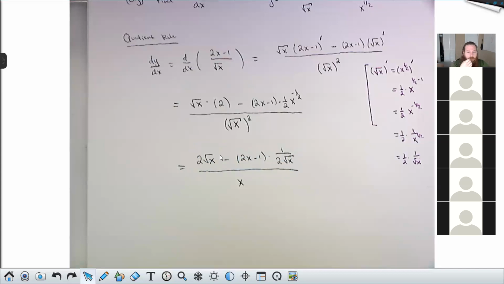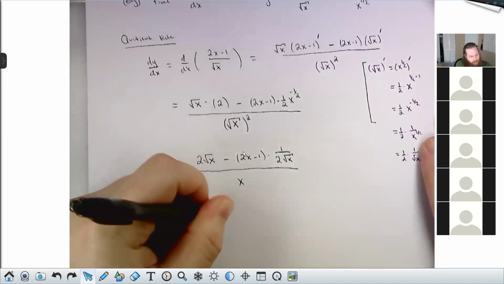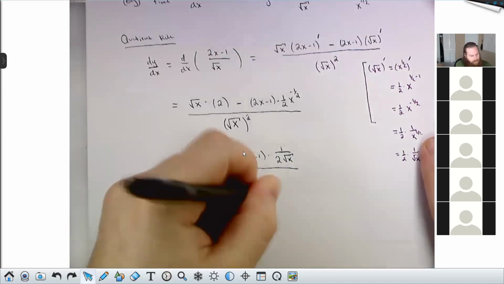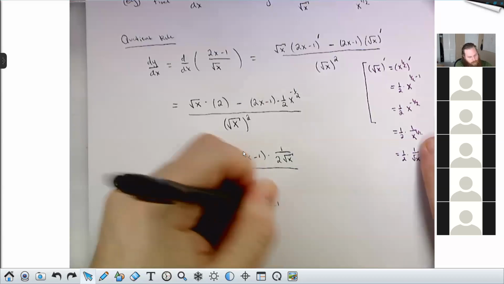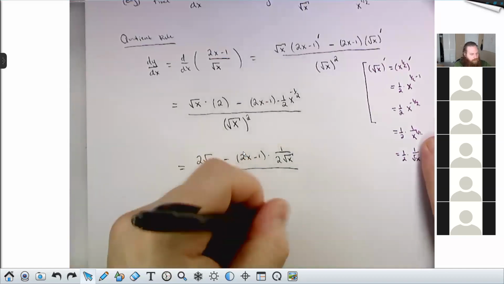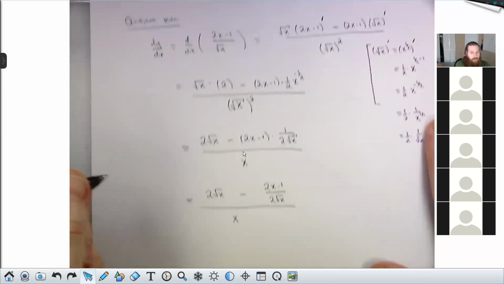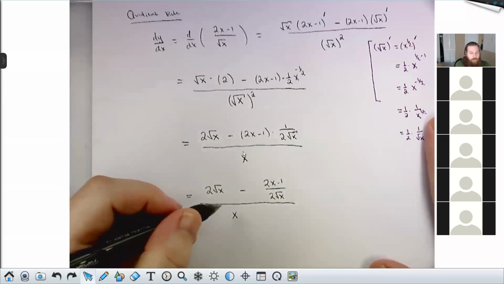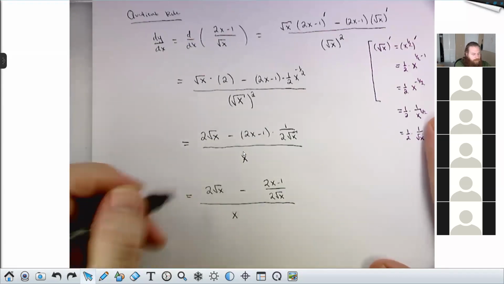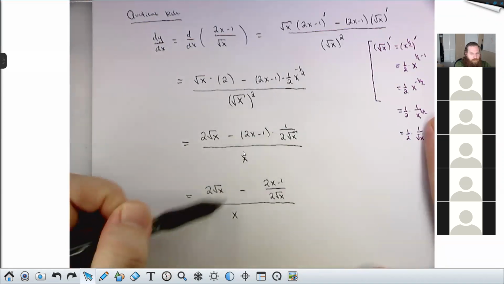Yes, we can. We can go ahead and have the common denominator here. So I'll write out the first few steps of this. This would be minus 2x minus 1 over 2 root x, like that. And it's all being divided by x. And now if I wanted to combine the two things upstairs, I would have to have a common denominator between this and this.